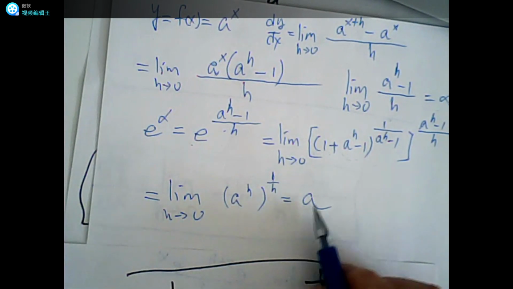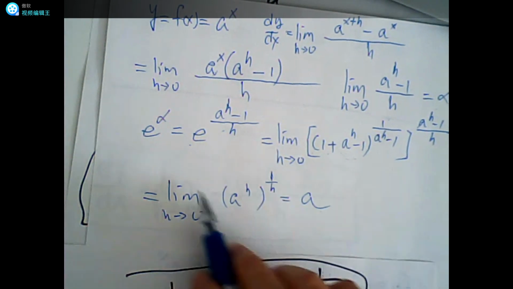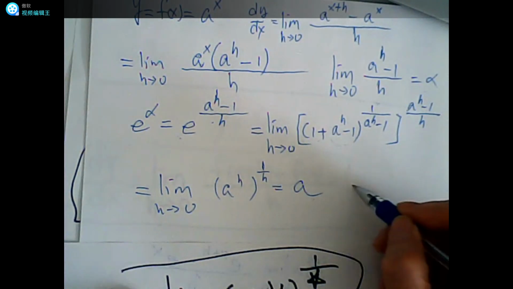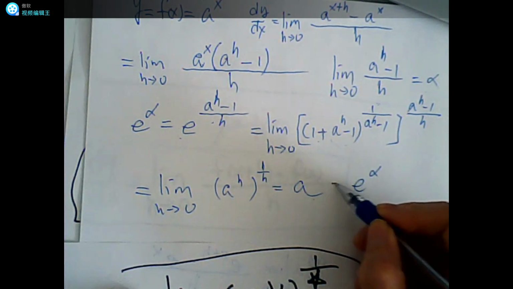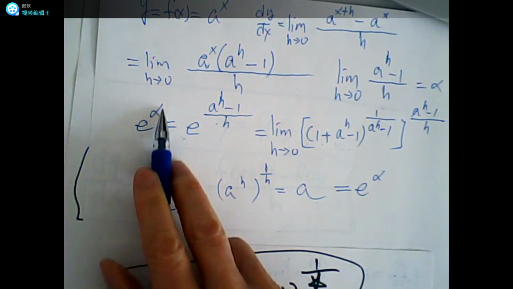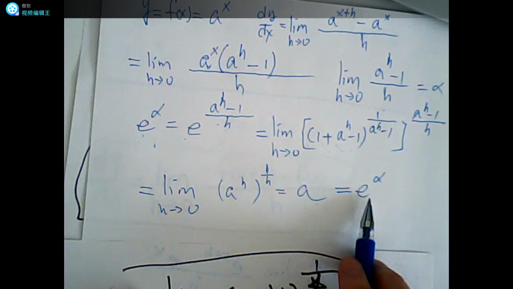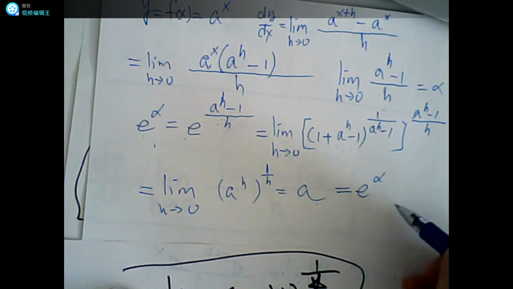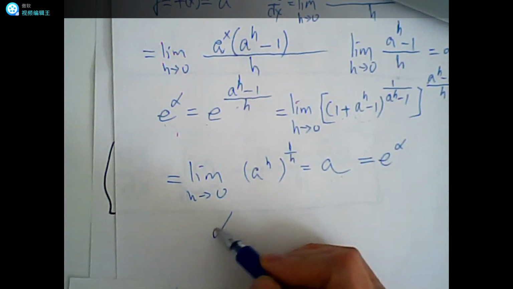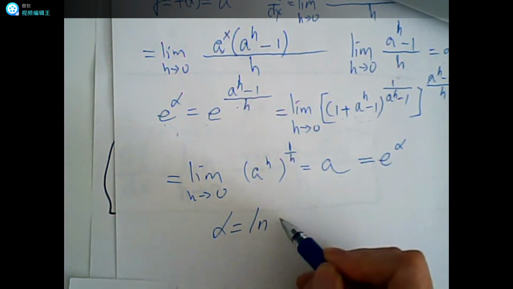So what's A? A is e to the alpha. E to the alpha, right? E to the alpha is A. So what's alpha? Therefore alpha is log A, right?